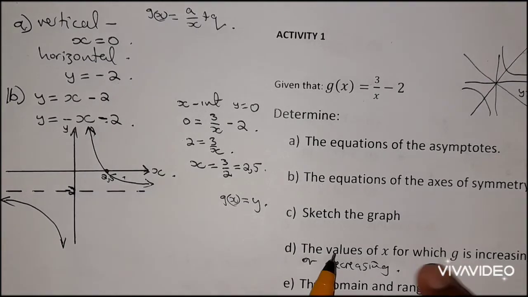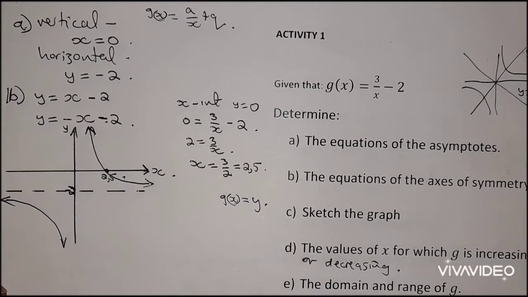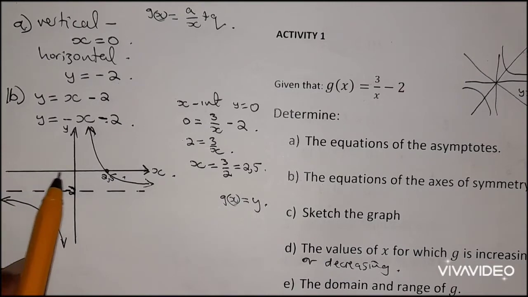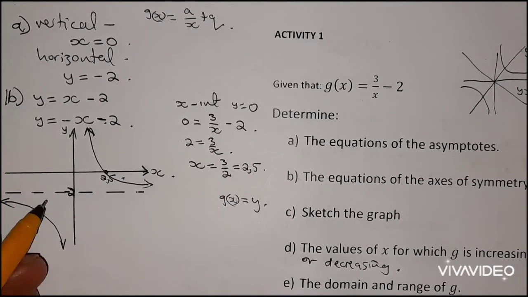So we can say here the values of x for which y is increasing or decreasing. Let's look at what is happening to y as x is increasing. When x is increasing, y is going down slowly. So we are saying here, for the values of x before the y-axis, x is increasing, but y is decreasing.